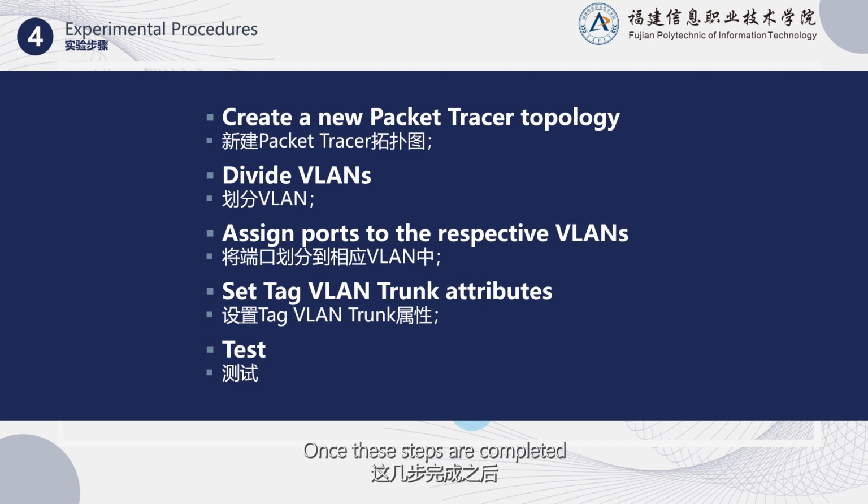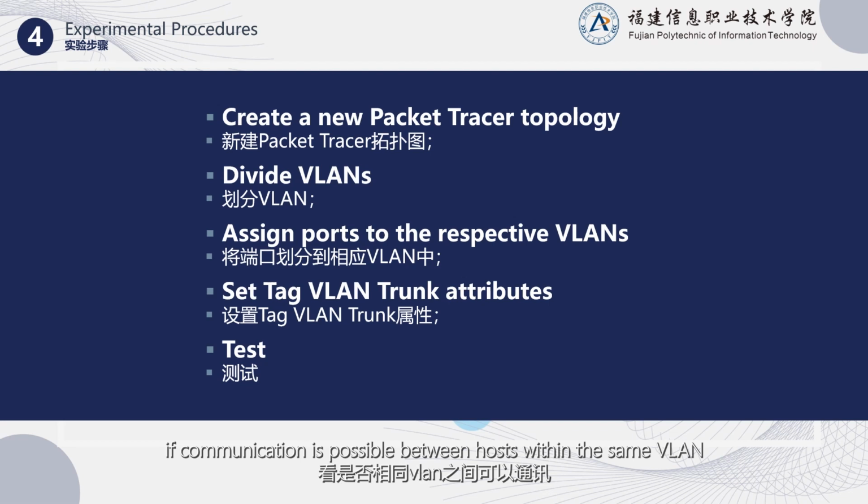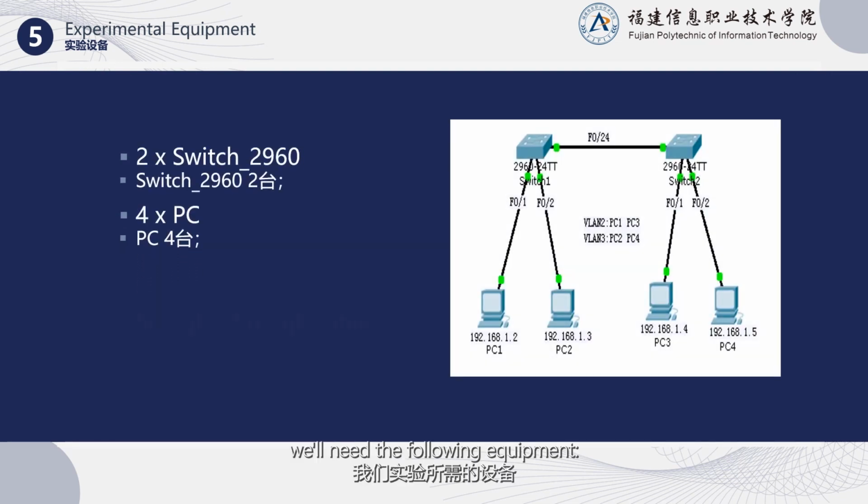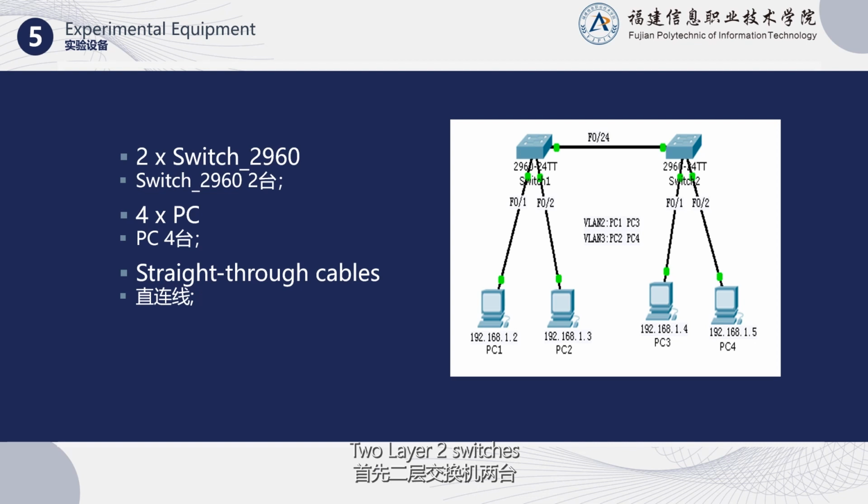Once these steps are completed, we'll proceed with the testing phase to check if communication is possible between hosts within the same VLAN, and restricted between hosts in different VLANs. For this experiment, we'll need the following equipment: 2 layer 2 switches, 4 PC machines, and several Ethernet cables.